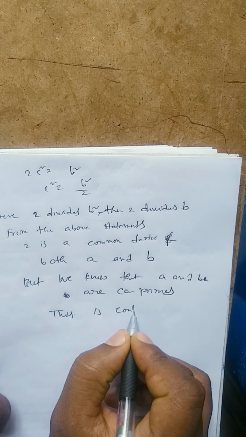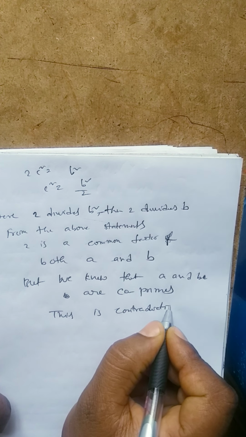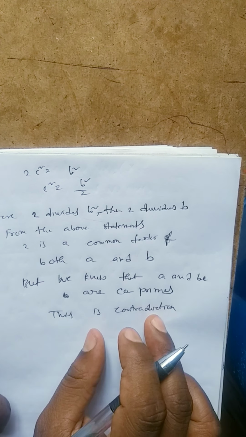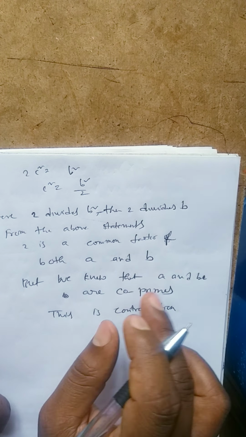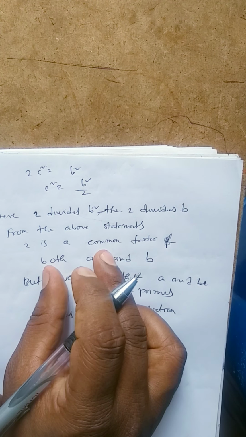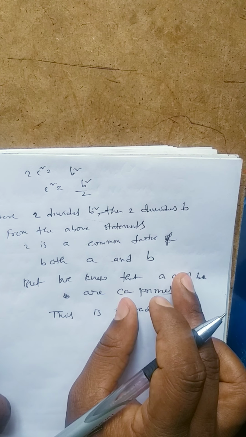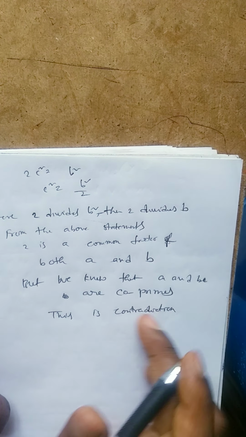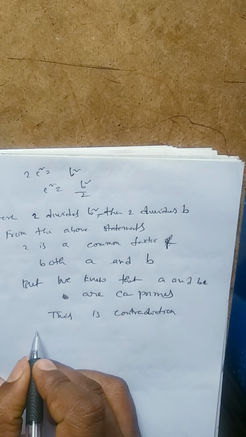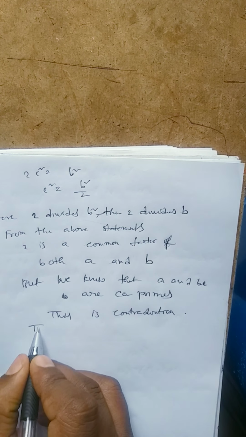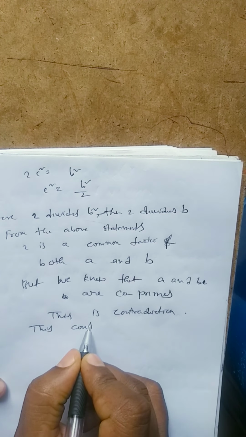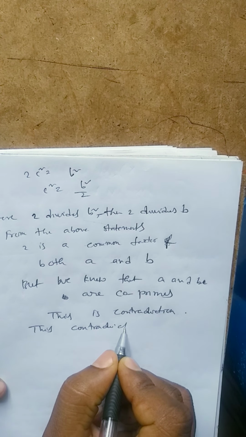This is a contradiction. Why? Because in the beginning we assumed that a and b are co-primes, but in the process of solving the problem we got 2 as a common factor of a and b. Why has this contradiction arisen?